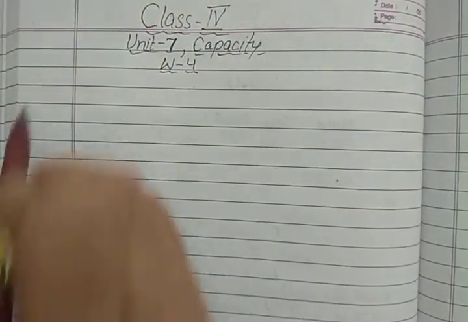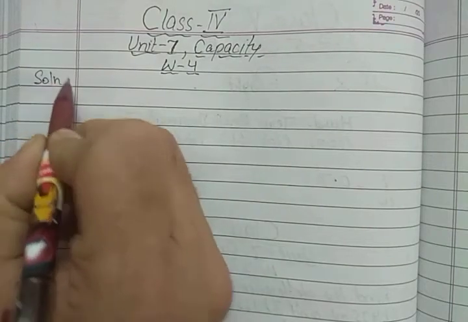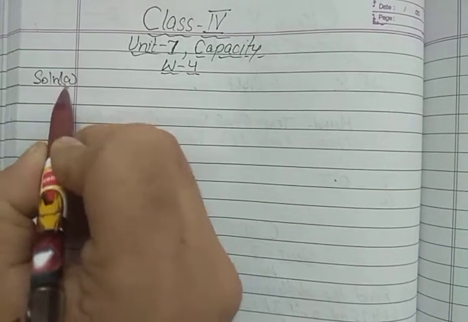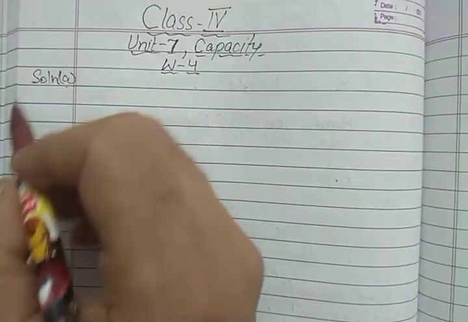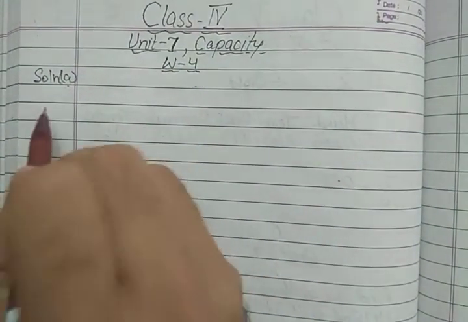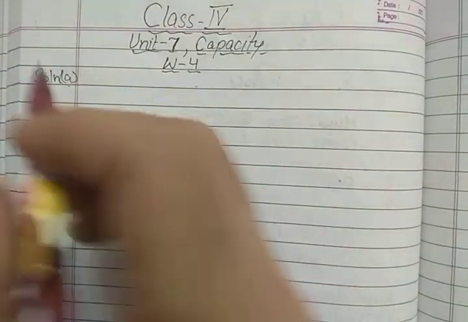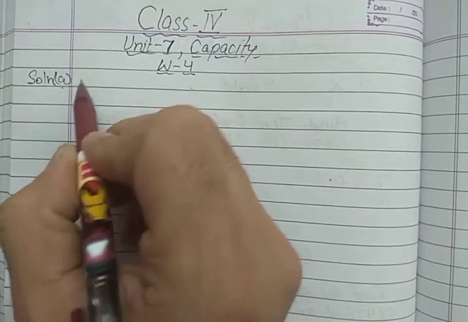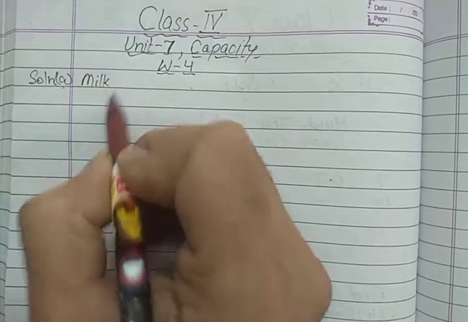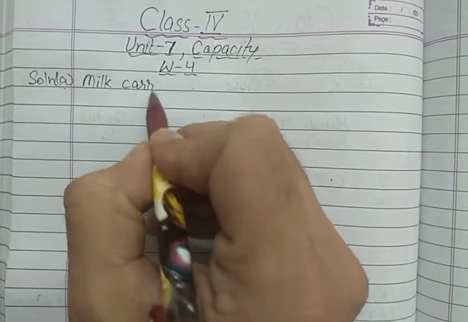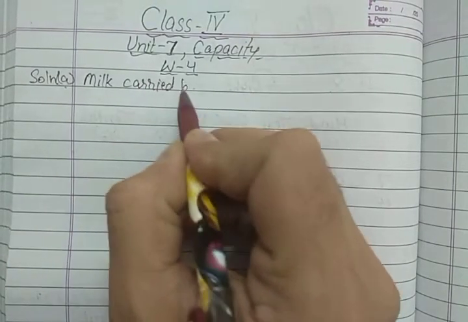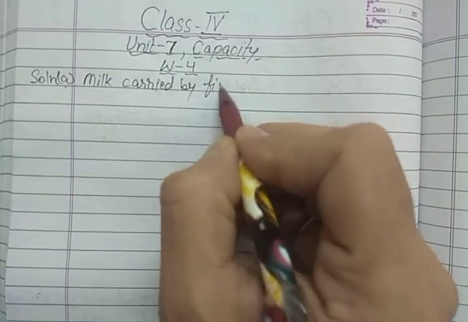So solution number A. What is given? Milk carried by first milkman.